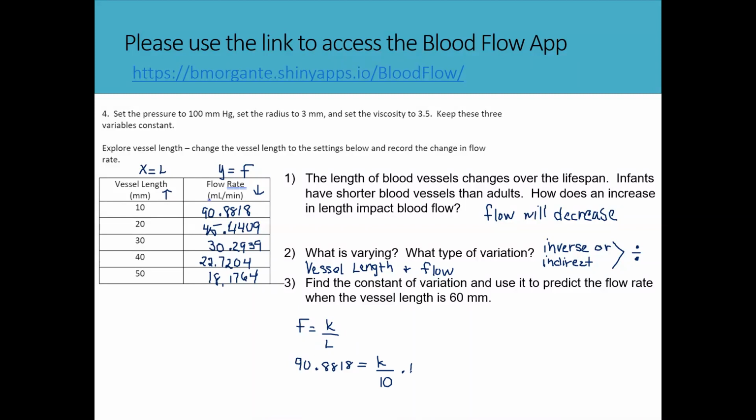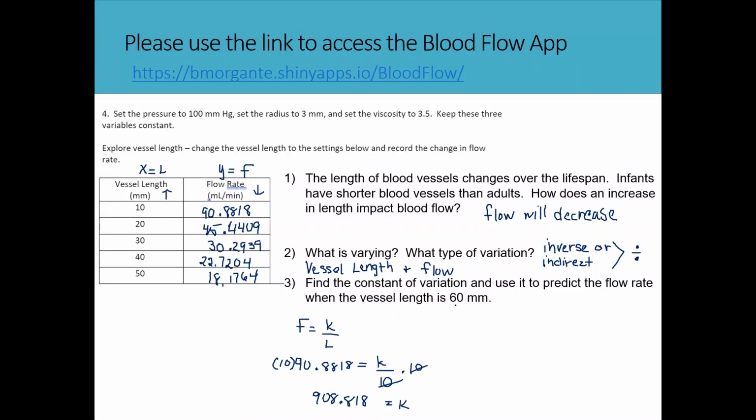To solve that, I'm going to multiply by 10 on both sides. And that will give me k equals 908.818. So now that I have the constant, I can use it to predict.